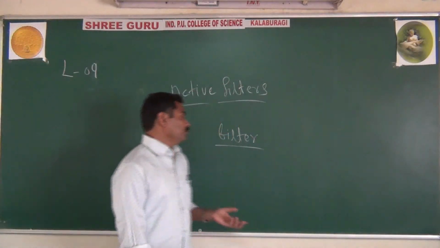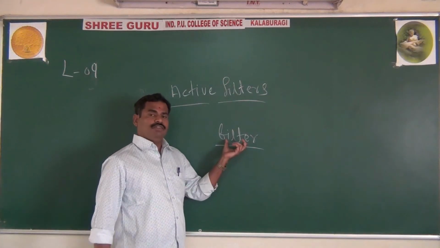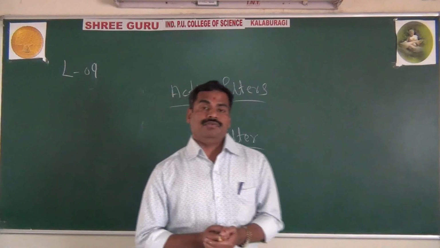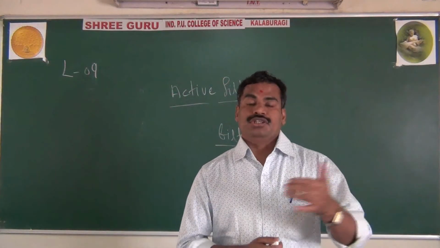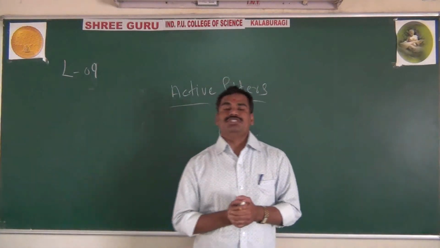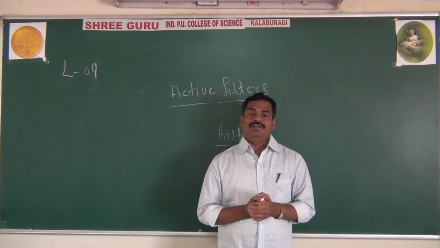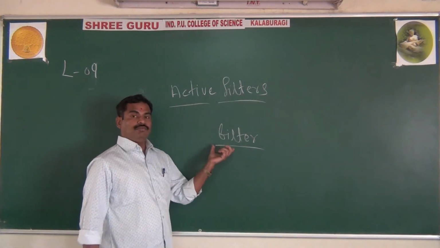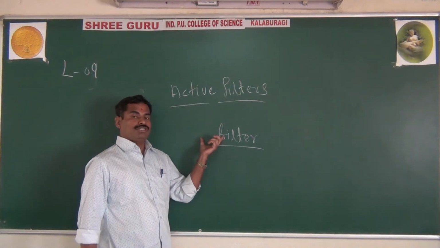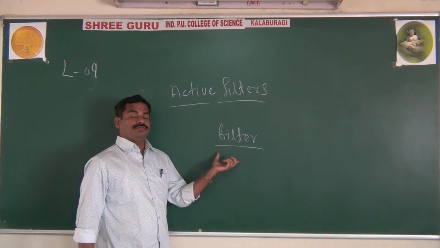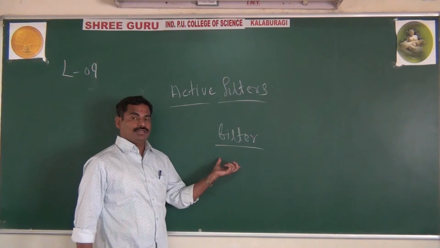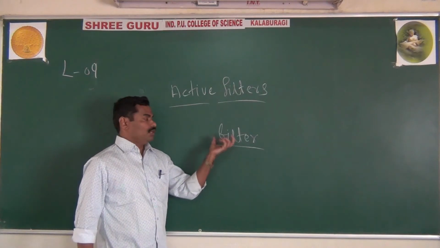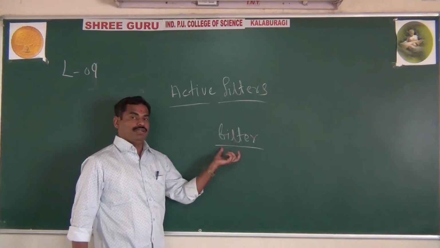Actually, the filter is nothing but a frequency selective circuit. Another name of filter is the frequency selective circuit. The filter is an electronic device or circuit that will allow some frequencies of signals and attenuate or stop other frequencies of signals. That is the general definition of the filter.